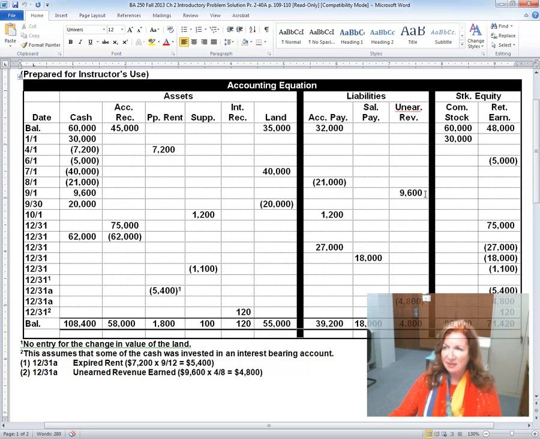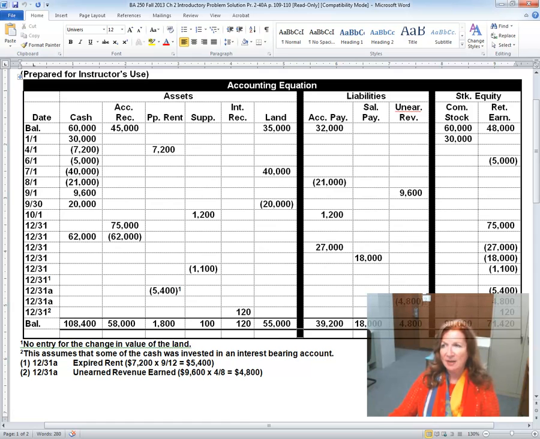One of them we have here is the unearned revenue. We got $9,600 back here on 9/1 in advance as a retainer for monthly service during the next 8 months. So 96 divided by 8 months would be $1,200 a month, and we would have it for September, October, November, and December. That's 4 months, so 4 times 12 is $4,800.